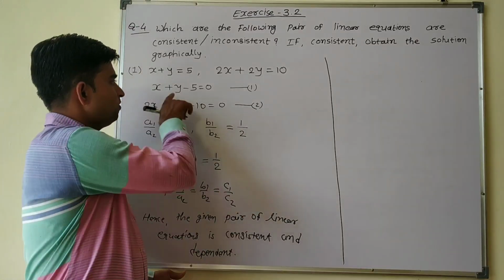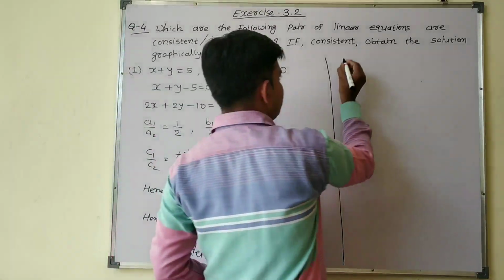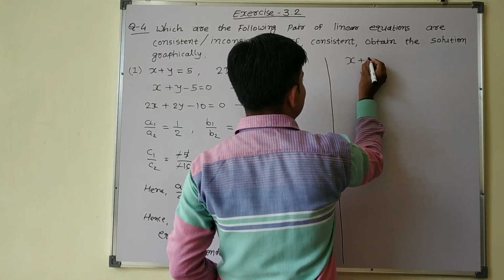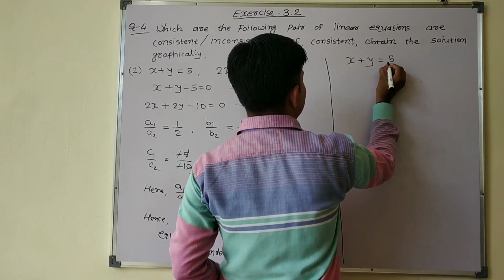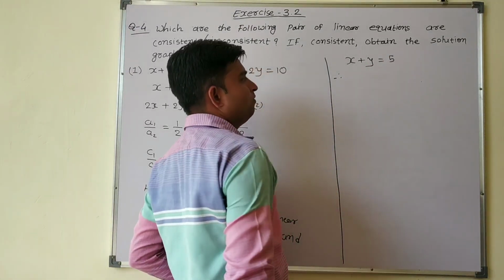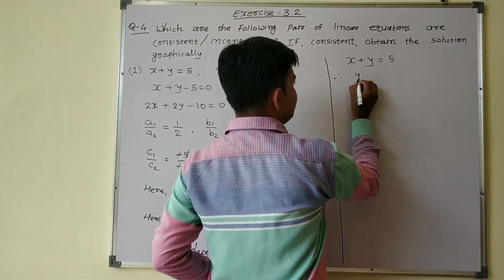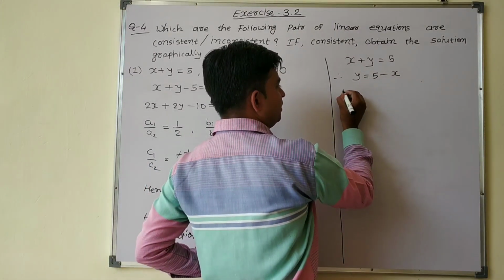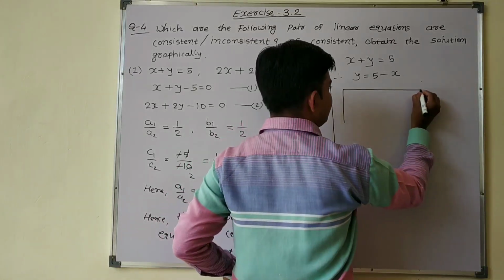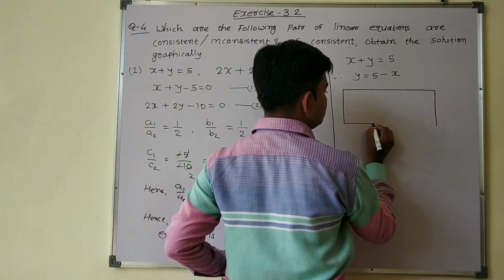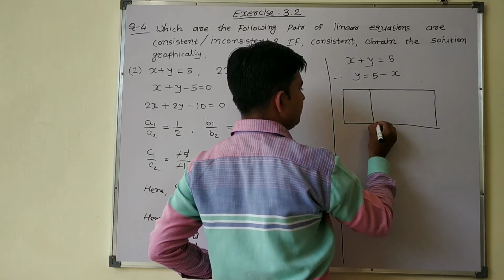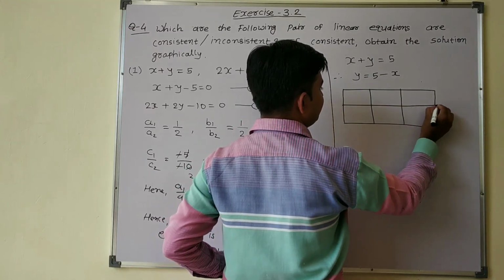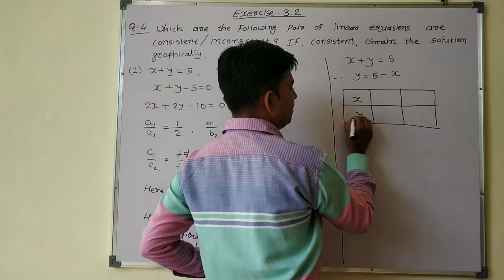So we take the first equation x plus y is equal to 5. Now in y form it becomes y is equal to 5 minus x. Now, taking different values of x we get the values of y. So we have to make a solution table, x and y.